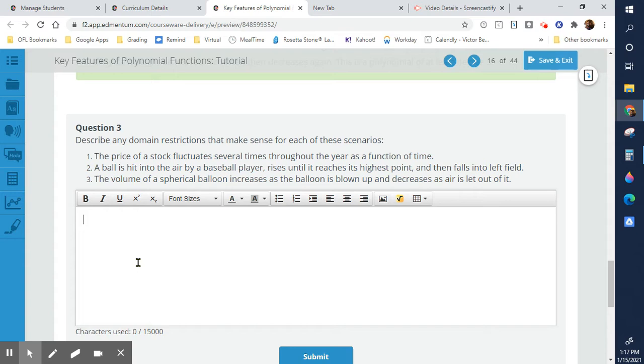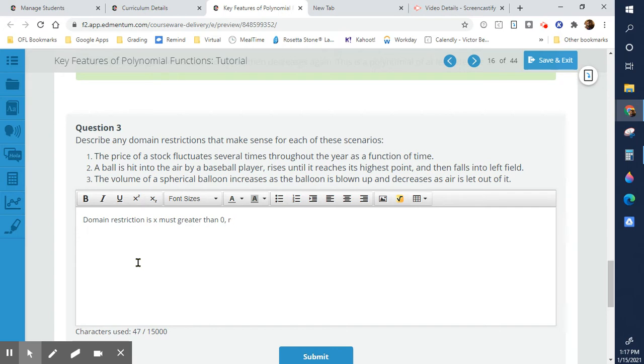So I would say a domain restriction is X must be greater than 0, because there's no such thing as negative time.